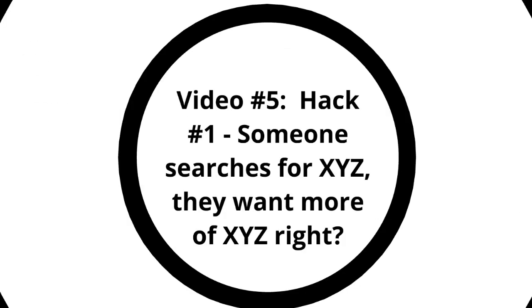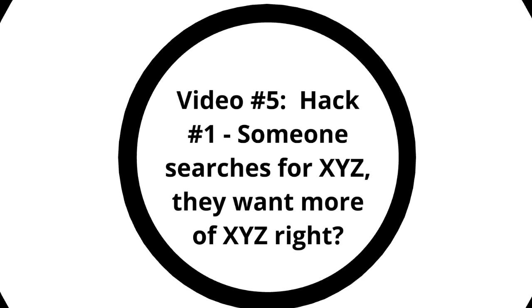Video number 5 is when we start to talk about the hacks. Videos 5, 6, and 7 will be hacks 1, 2, and 3. Hack number 1 is all about this: when somebody comes to your website and everything is fast loading, they're searching for something specific. They might find it, but then they're going to look for more of it.